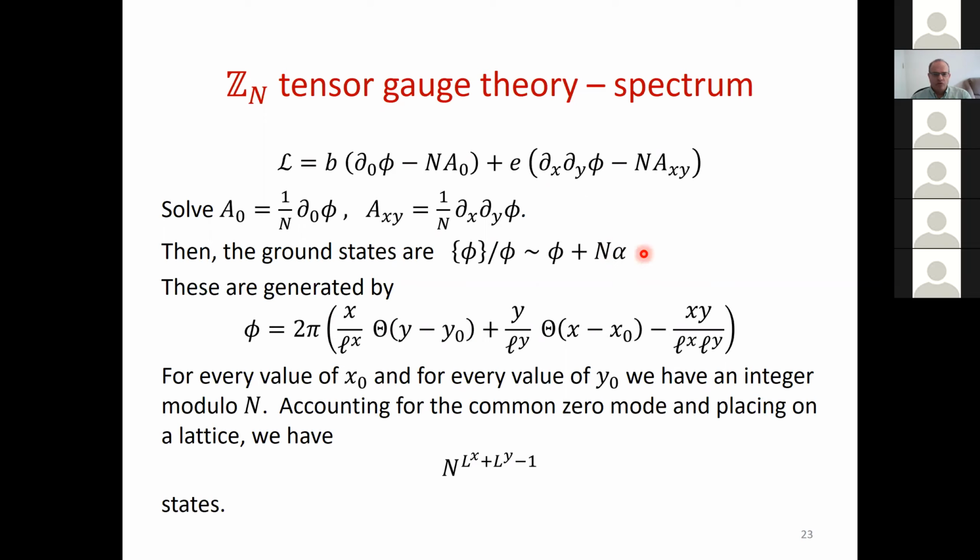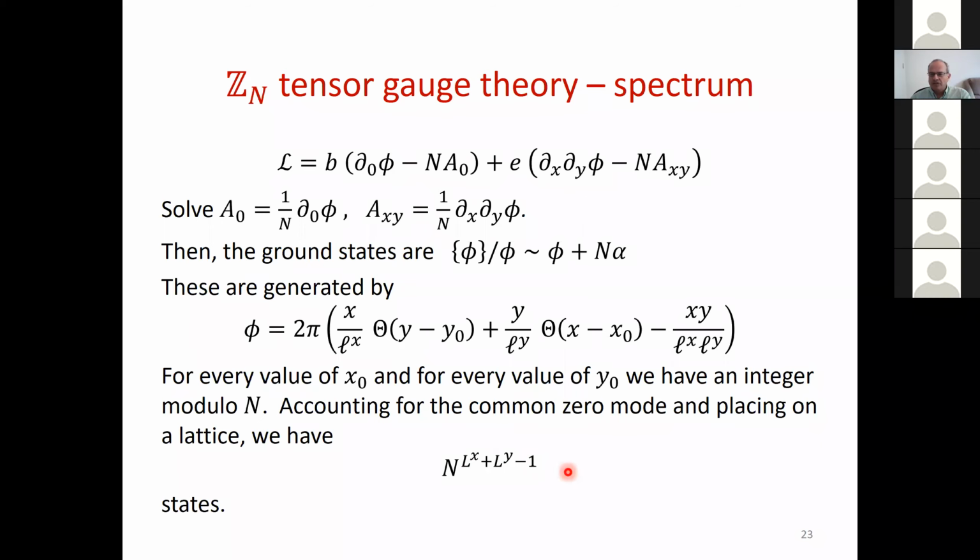So if we account for the zero mode, we study this function phi, the gauge transformations don't matter. We count the number of ground states of the system. And the number of ground states of the system is n, of Zn, because we're describing the Zn theory, to the power Lx plus Ly minus 1. Minus 1 because we have to be careful about the zero mode.